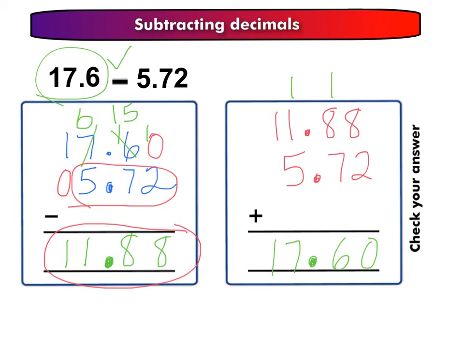Let's go ahead and do another one. 8 minus 2.46. Again, I have to line up the decimals. But if you notice, 2 and 46 hundredths has a decimal point, but 8 doesn't. Which means it's always at the end because this represents 8 whole, which means 8 ones.